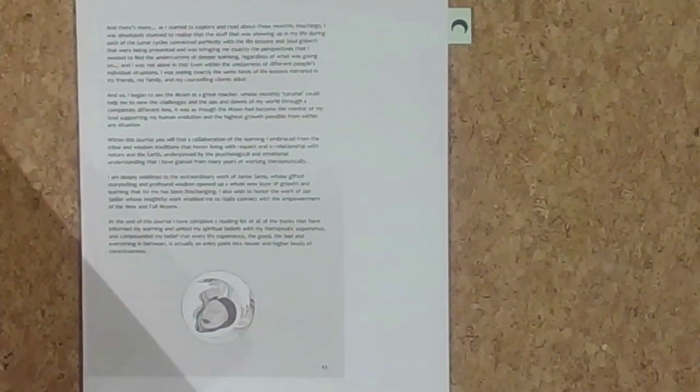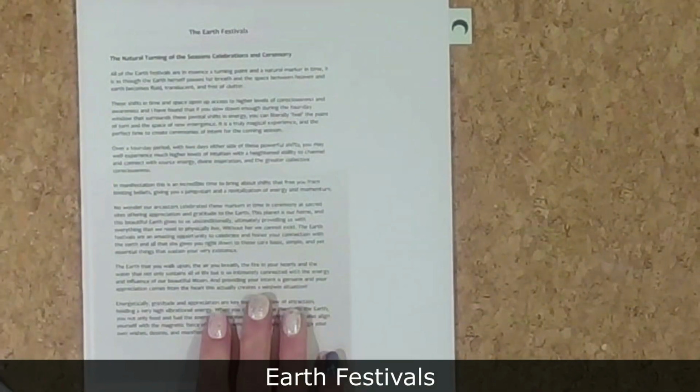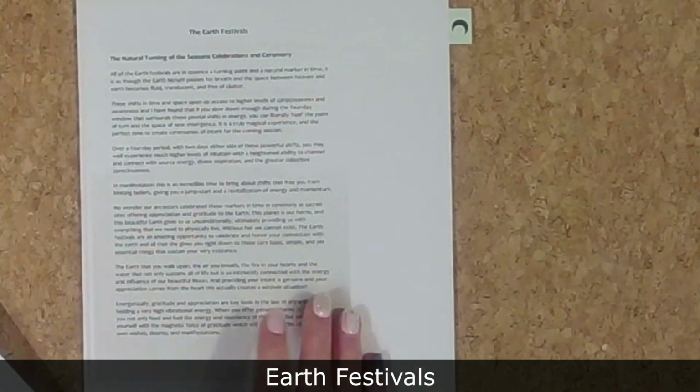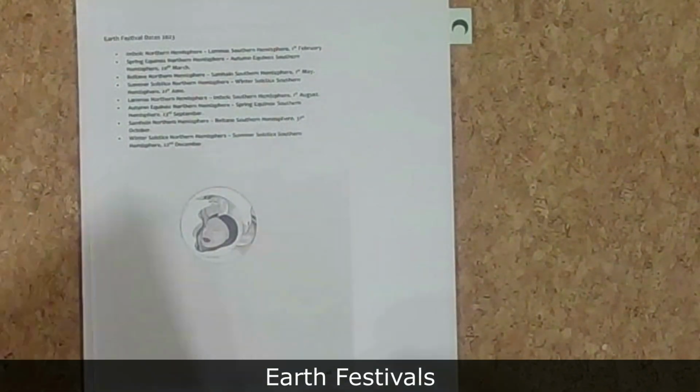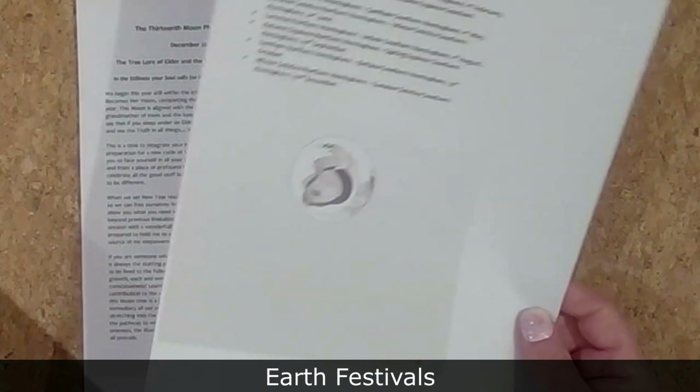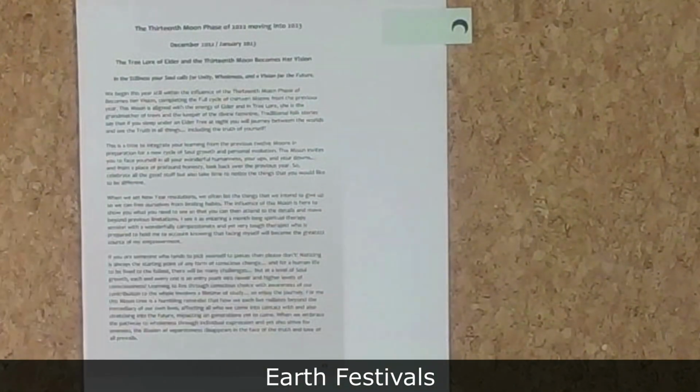Now, what this second book actually does, again, we've got a how to use the journal part of it. I've also given information about the earth festivals, because this is just part of the Celtic and tribal information. But the journal is very, very different.